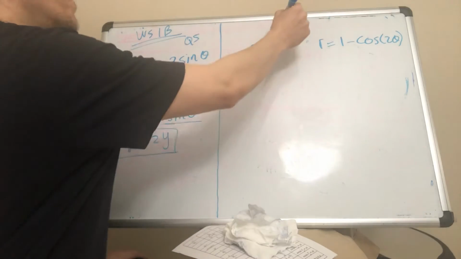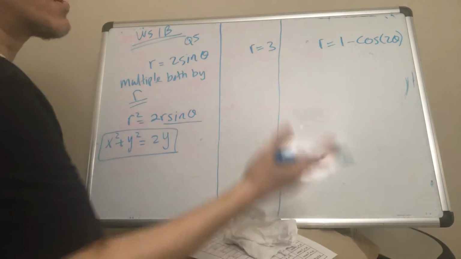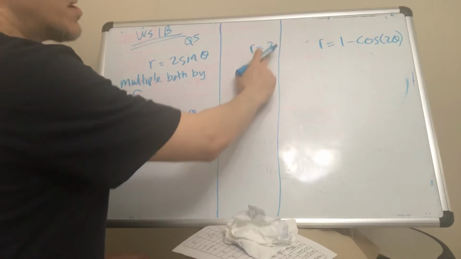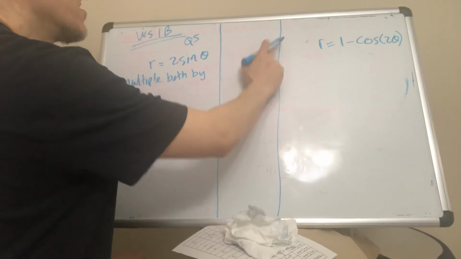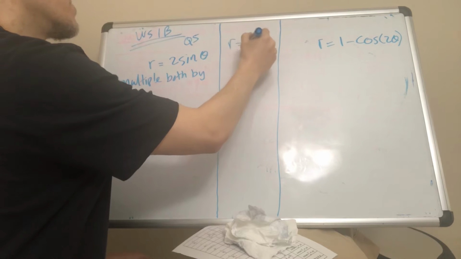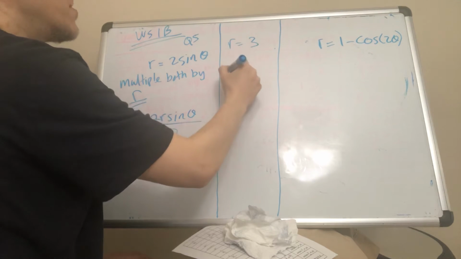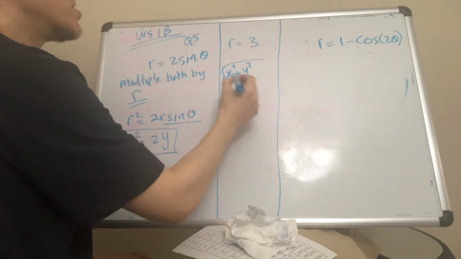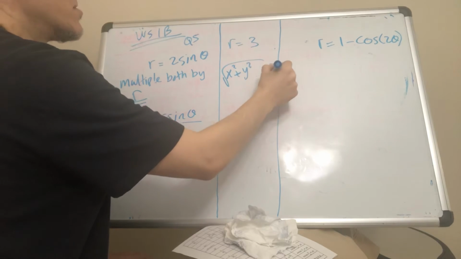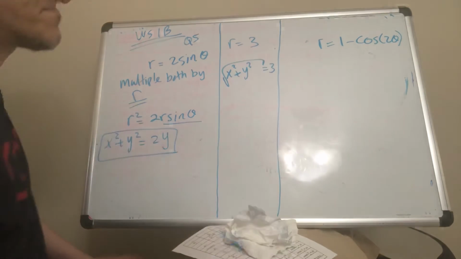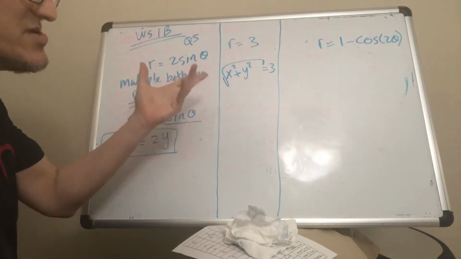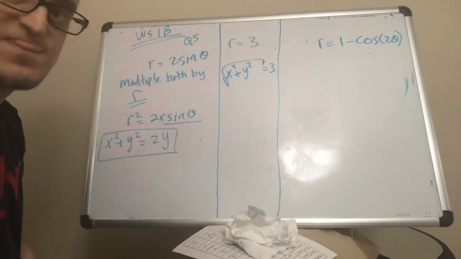This one is rather straightforward, because all you have here is r equals 3. R would be the square root of x squared plus y squared, equals 3. It could be positive or negative, but since this is 3, you just leave it as 3.